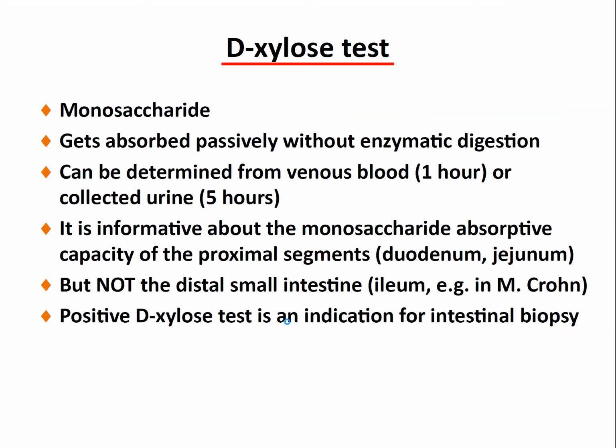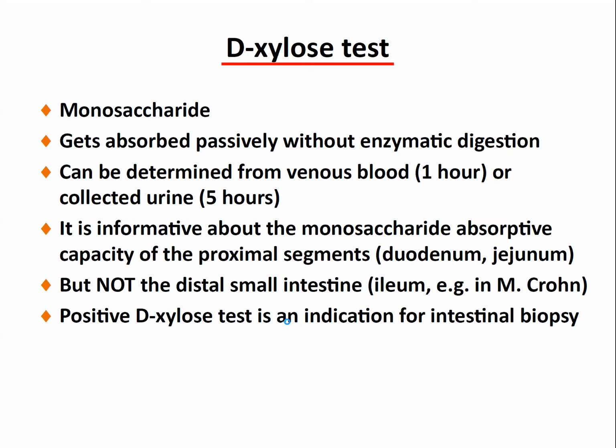As I mentioned, the D-xylose test is measured because D-xylose is not utilized in our body, so we cannot do anything about it. It is absorbed freely together with the L-xylose and immediately urinated out. So you can measure the urinated D-xylose and see what percentage of the D-xylose is absorbed from the intestine, and that can show directly the malabsorption problem.